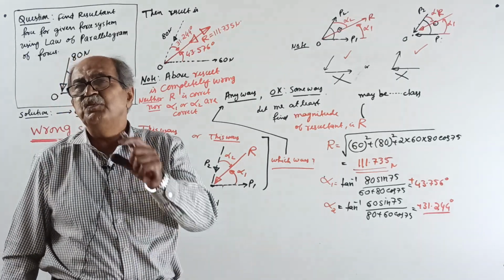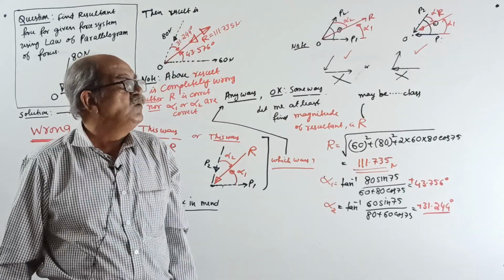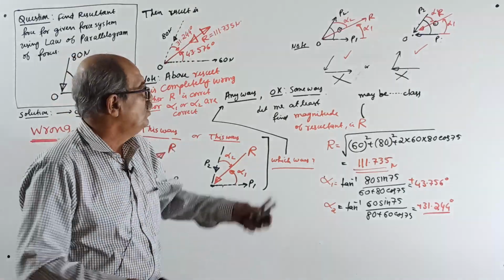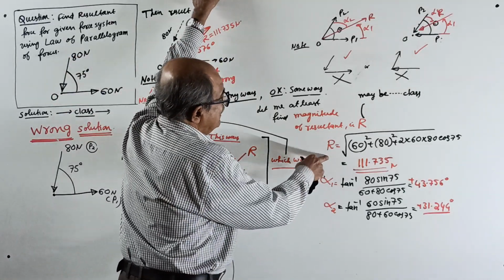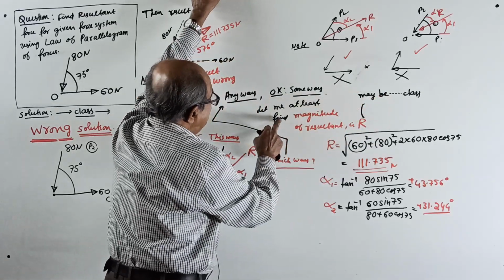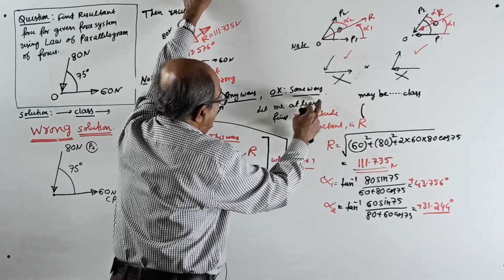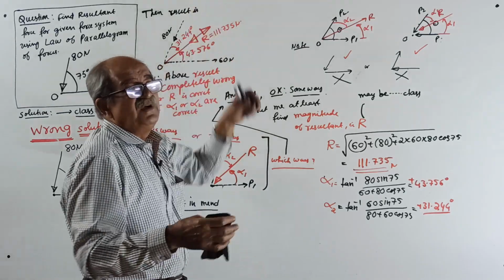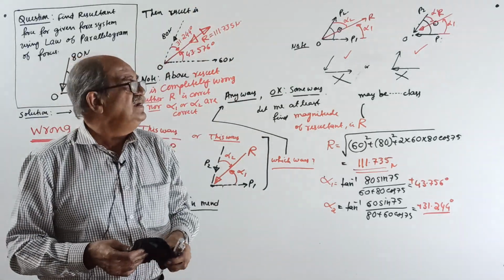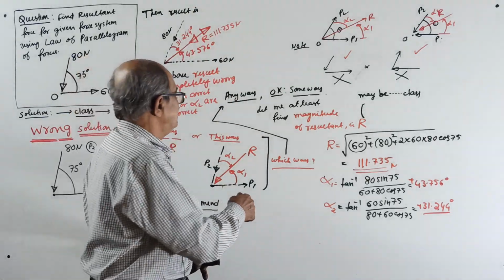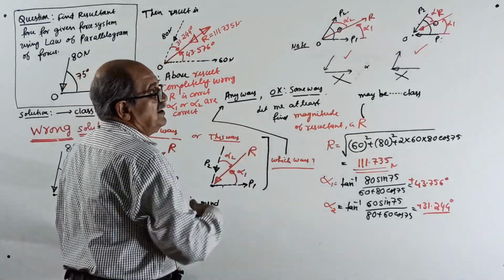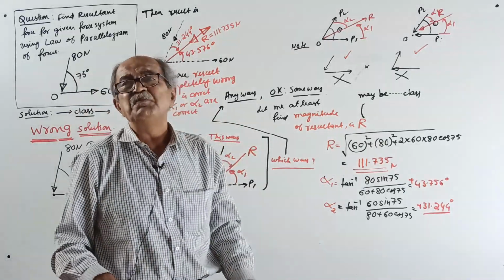They finally want the force on the bolt or weld. The design person will say the direction is not required, whether the resultant is this way or this way does not matter to me. I want only the magnitude.